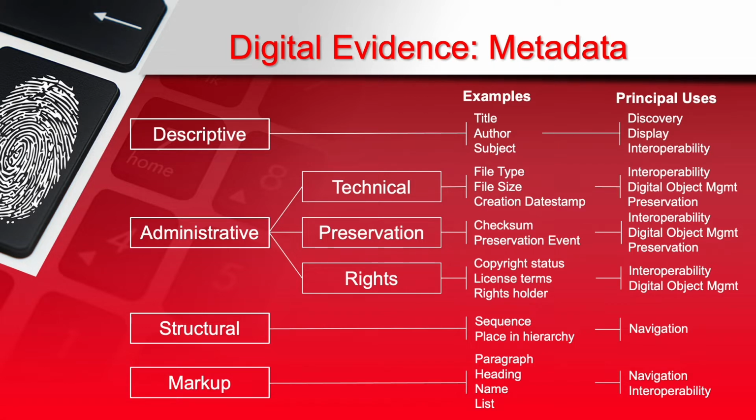Interoperability, the effective exchange of content between computer systems, relies on metadata describing that content so that the systems involved can effectively profile incoming material and match it to their own internal structures. Metadata supports digital object management by providing information needed to render digital content appropriately or deliver the appropriate version to match a user's need.